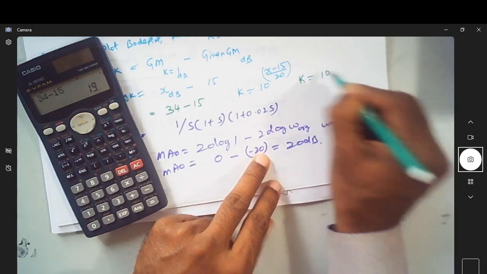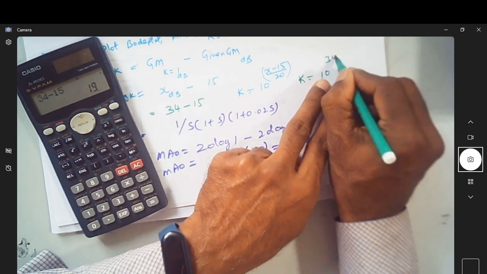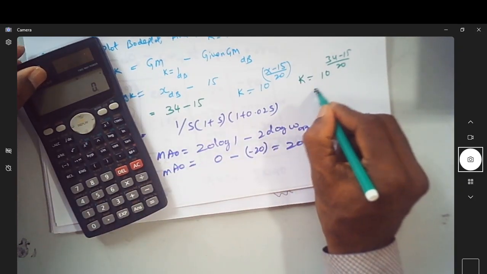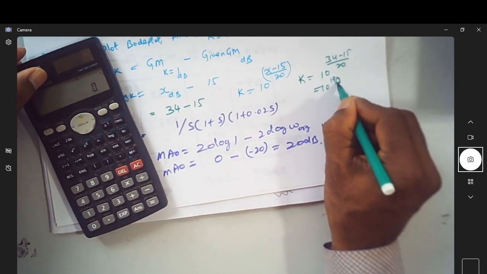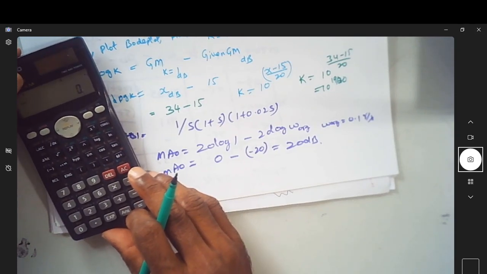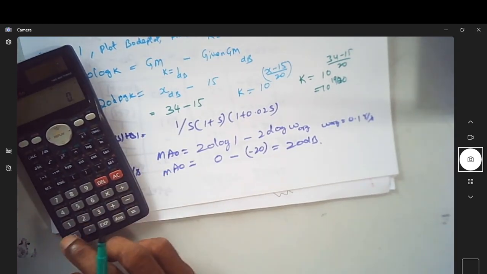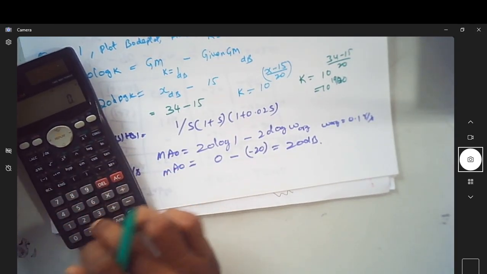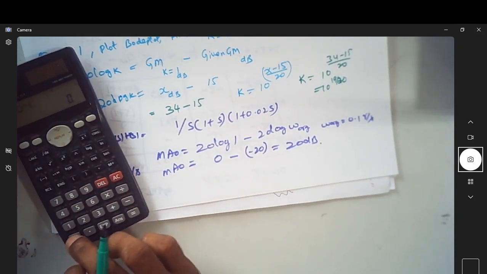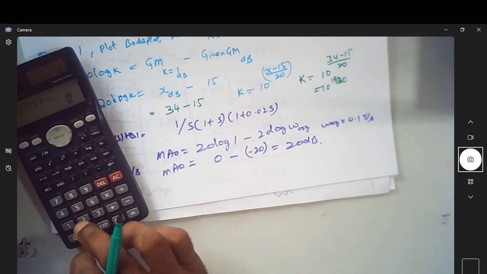K is equal to 10 to the power of (34 minus 15) by 20, which is nothing but 10 to the power of 19 by 20.